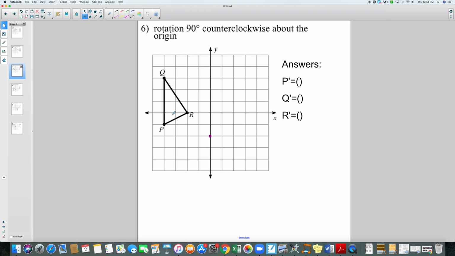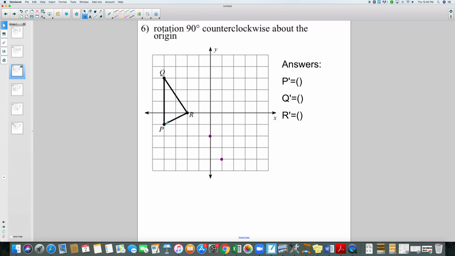We know on this axis that it is below R. So when we move it, it's going to be to the right of R, one space, and down 2 away from R. So we have a reference point, R. If we follow the axis down 2, and then go to the right 1 of our axis, that is going to be P prime.